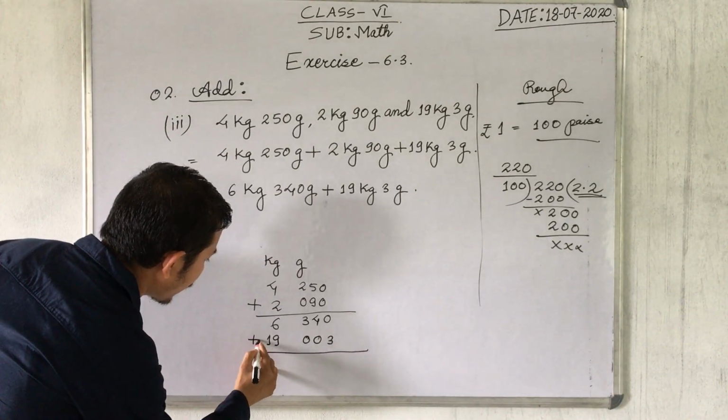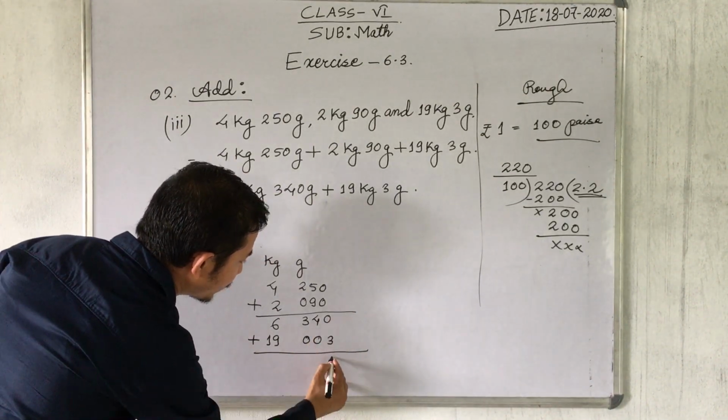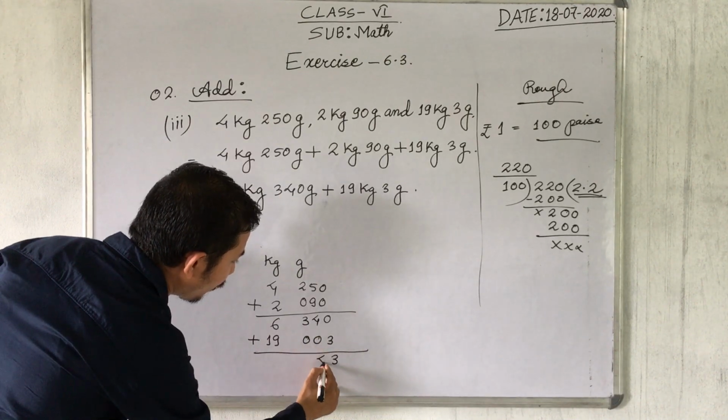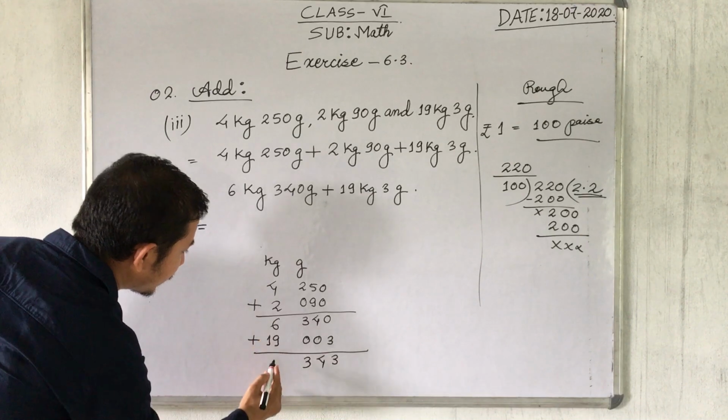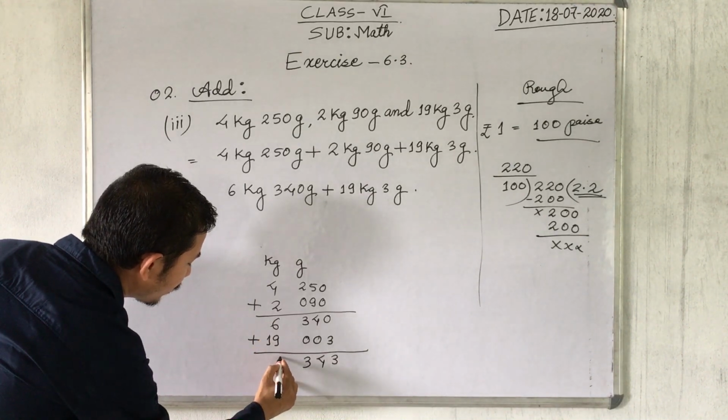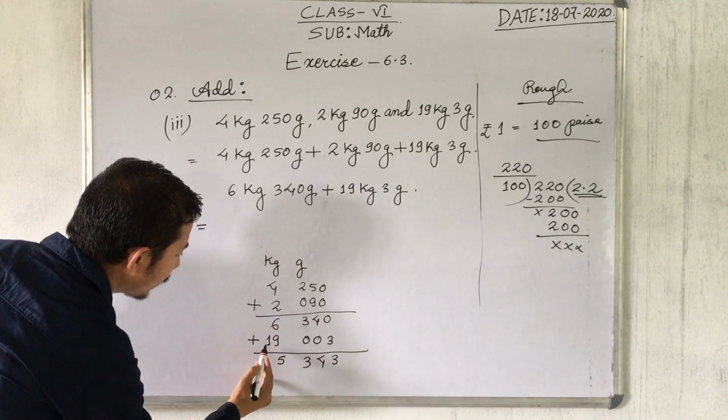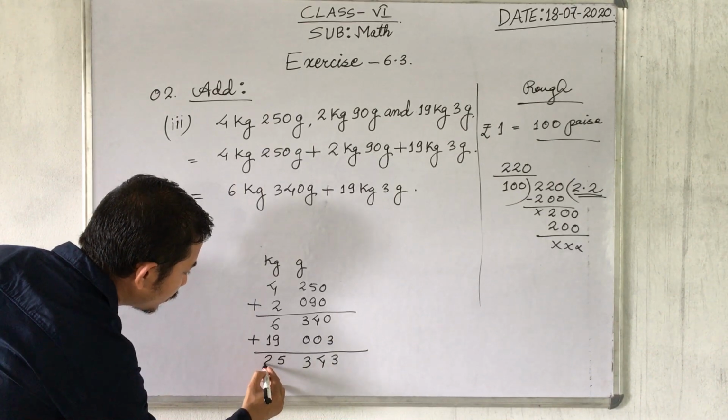Now, if you add this, what will it be? If we add 3 and 0, it will be 3 only. If we add 4 and 0, there will be 4. If we add 3 and 0, there will be 3. If we add 9 and 6, there will be 15. So write 5 here, 1 carry, and add that carry 1.